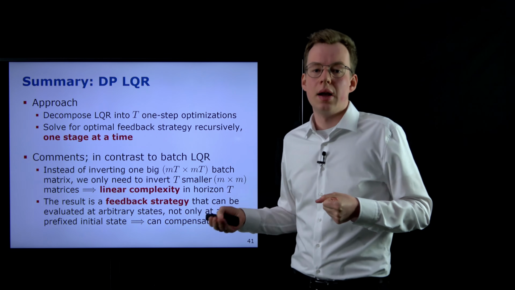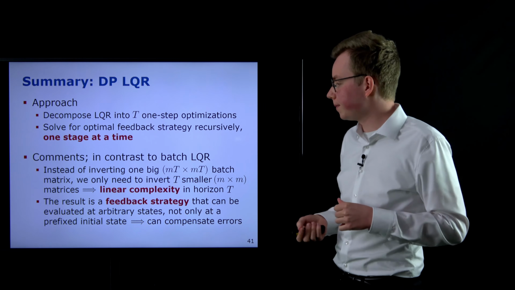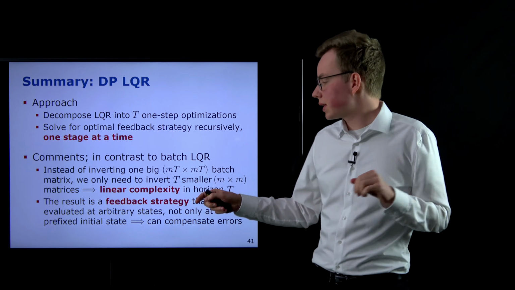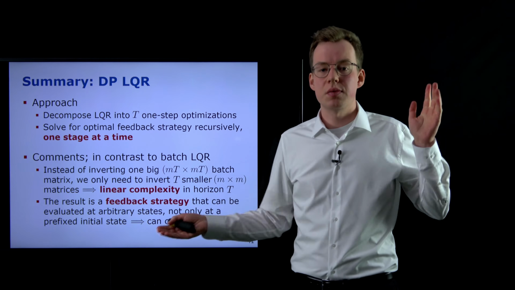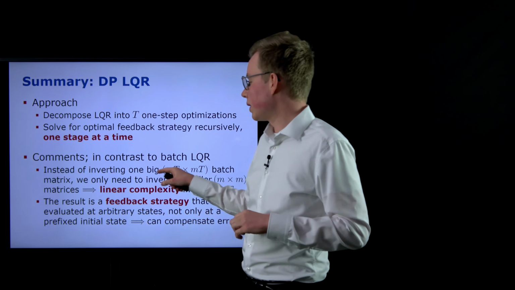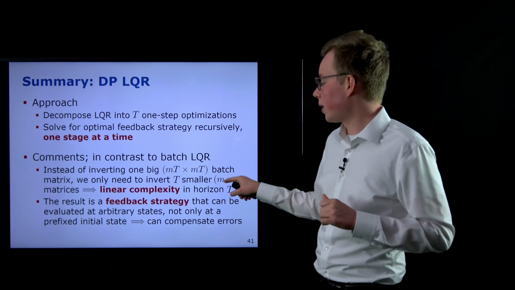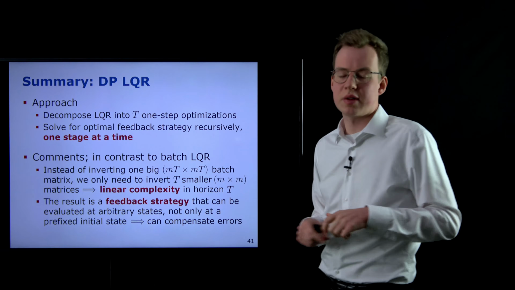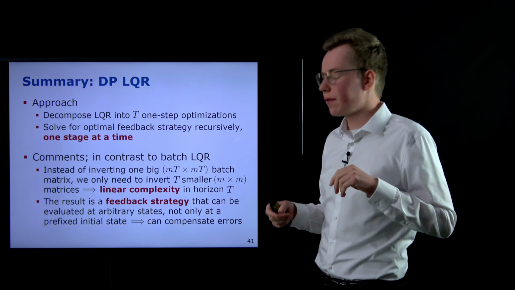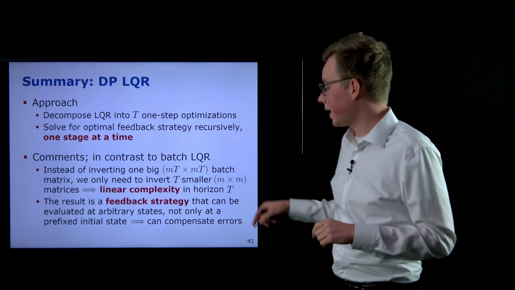Now, a few comments on this approach, in particular in contrast to the batch approach that we've seen in the previous chapter. The main thing here is that instead of having to invert one big H matrix, which is MT times MT, so it grows with the horizon of the problem, we now only have to invert T smaller matrices, where T is the number of time steps in the planning horizon, which are always of the dimension M times M. So this matrix that we have to invert, which is perhaps the most expensive part of this whole computation, now has a constant size.